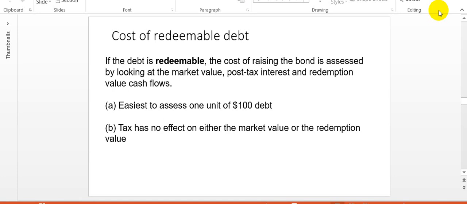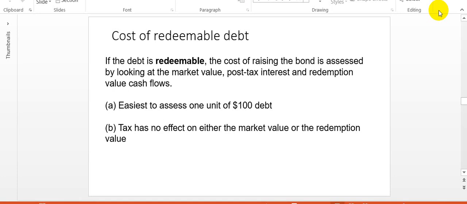If the debt is redeemable, the cost of raising the bond is assessed by looking at the market value, post-tax interest, and redemption value cash flows. The easiest is to assess 1 unit of $100 debt.